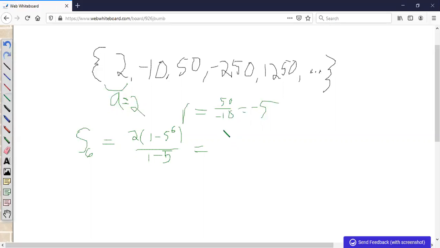So this is going to be 2 times negative 15,624 over negative 4.